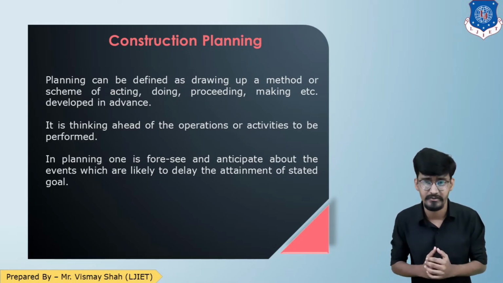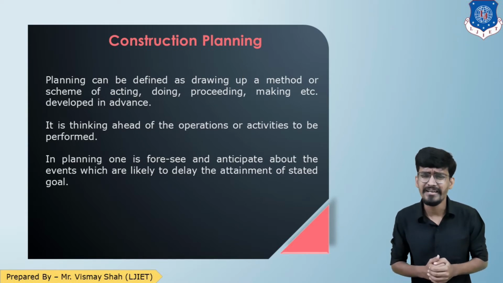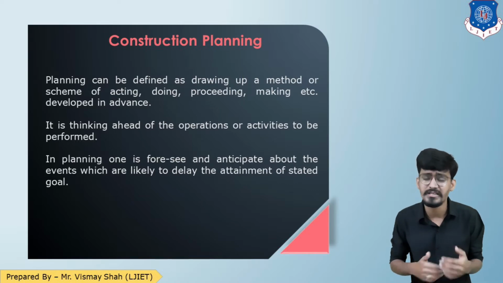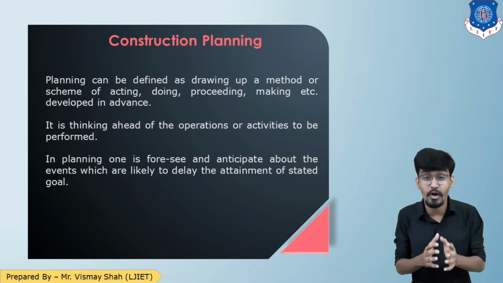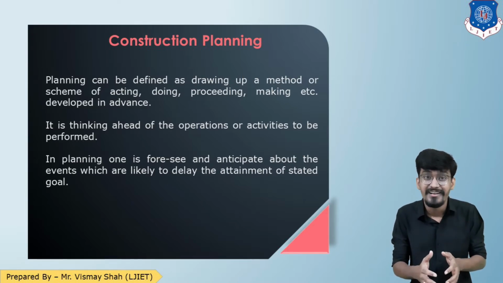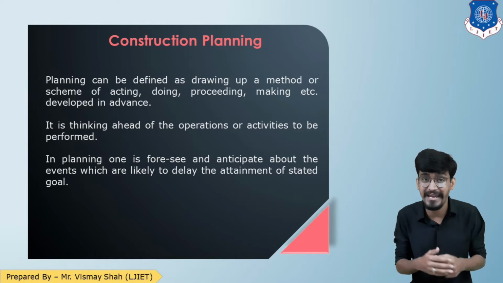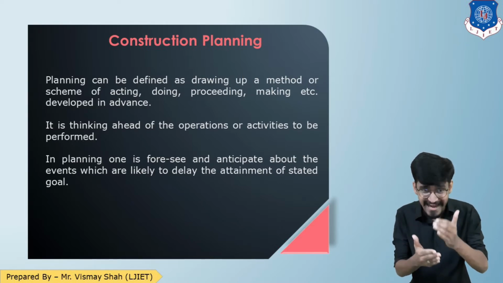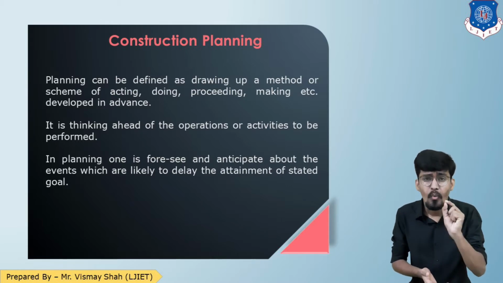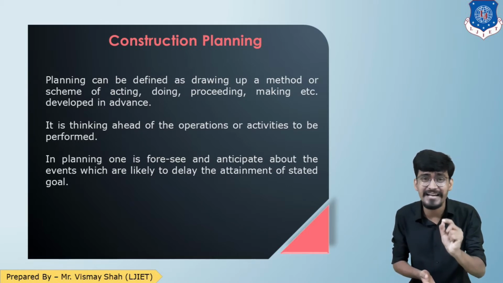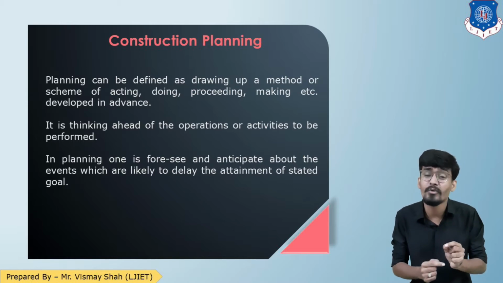in a construction project. In planning, one has to foresee and anticipate the events which are likely to cause delay in attainment of the goals. Yes, in planning, the project manager or the project planner, the planning department of any company, has to foresee what activities we are going to perform, how we are going to perform them, and which are the critical parts which are likely to get delayed.